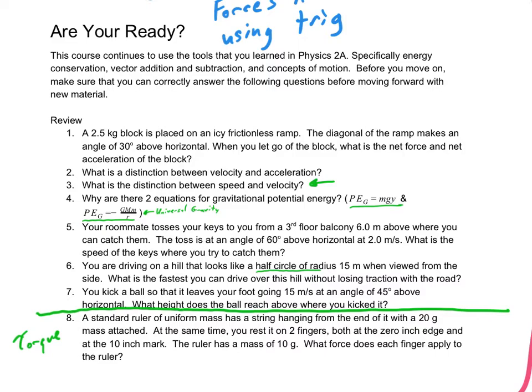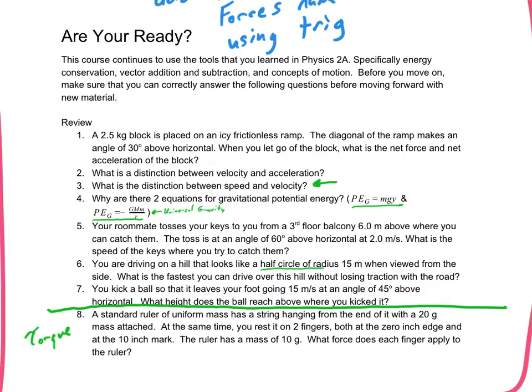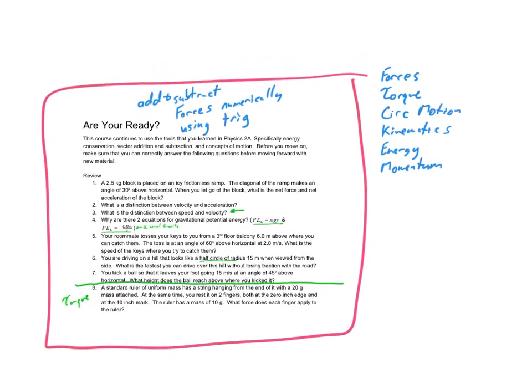So 2 of these should be really straight up. You know which topics they are. Net force, net acceleration. Net force means that number 1 is a forces problem, and it is a kinematics problem, because acceleration is about kinematics.